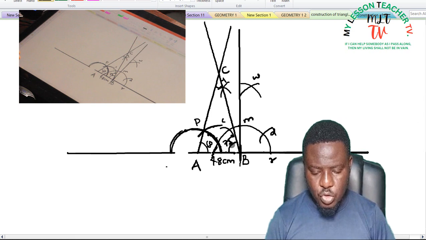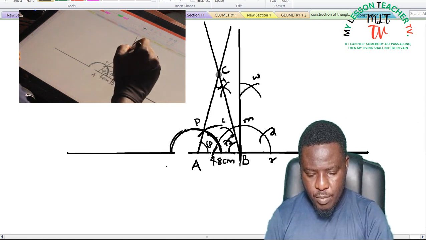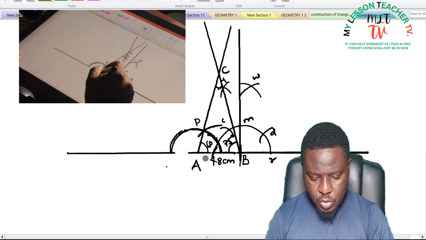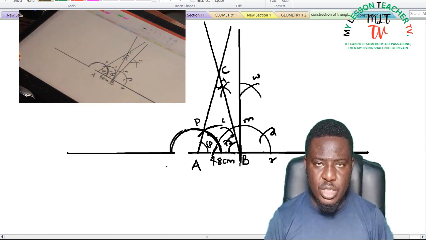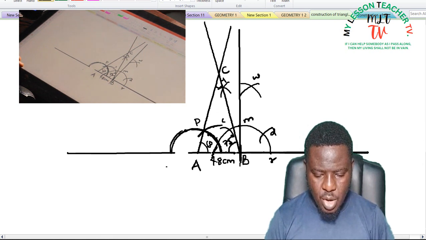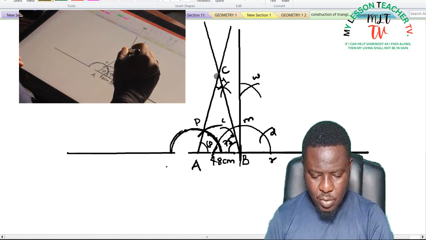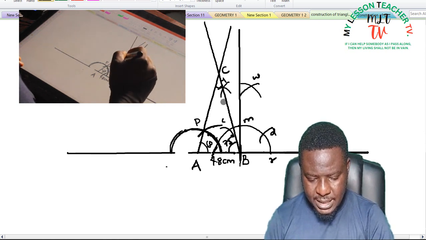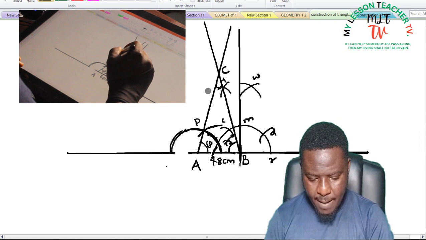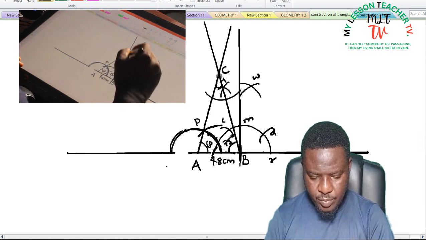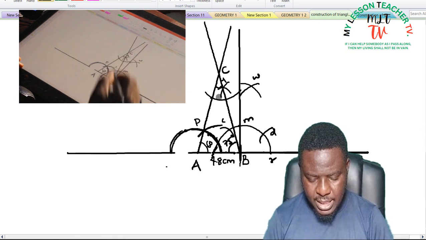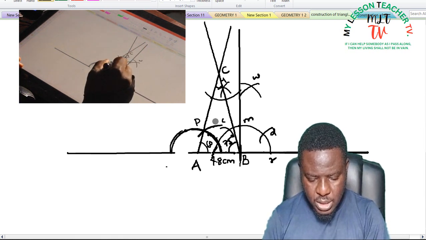The question says we should draw a perpendicular from C to AB. So what you will do is this. You are going to bisect angle C. So how do you do that? With C as center, you draw an arc this way, and with these 2 points as centers, you also construct another arc this way.